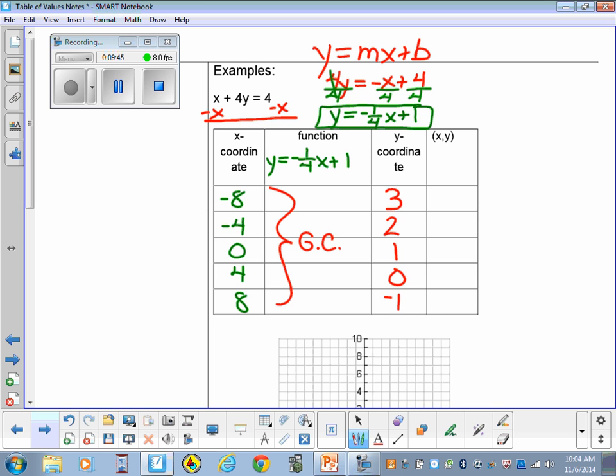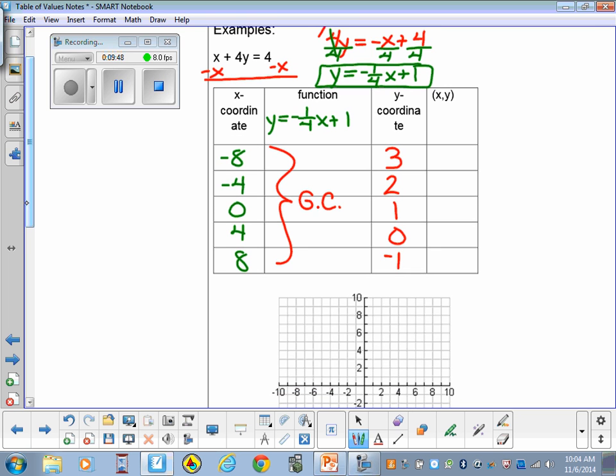I did it on my graphing calculator, so I'm not showing the substitution and solving. So my ordered pairs: negative 8, 3; negative 4, 2; 0, 1; 4, 0; and 8, negative 1.